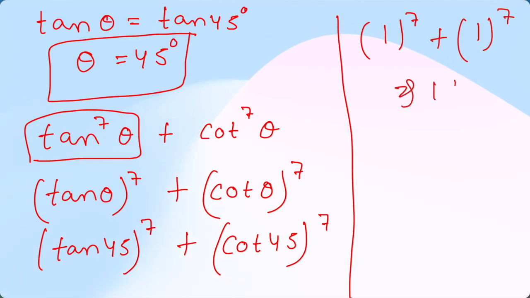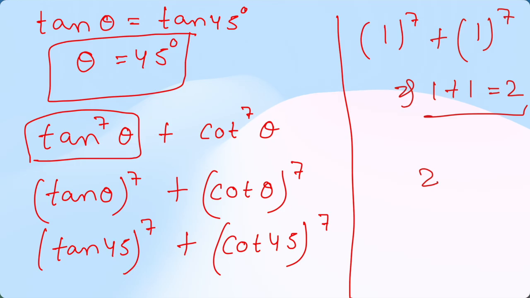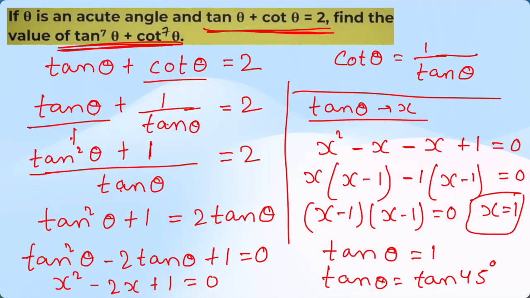So 1 plus 1 makes 2. Clear? So your answer for this question is 2. Hope it is clear. In all these types of questions, you just have to find the theta, put the values, and equate whatever is being asked. Clear? Questions are easy now.